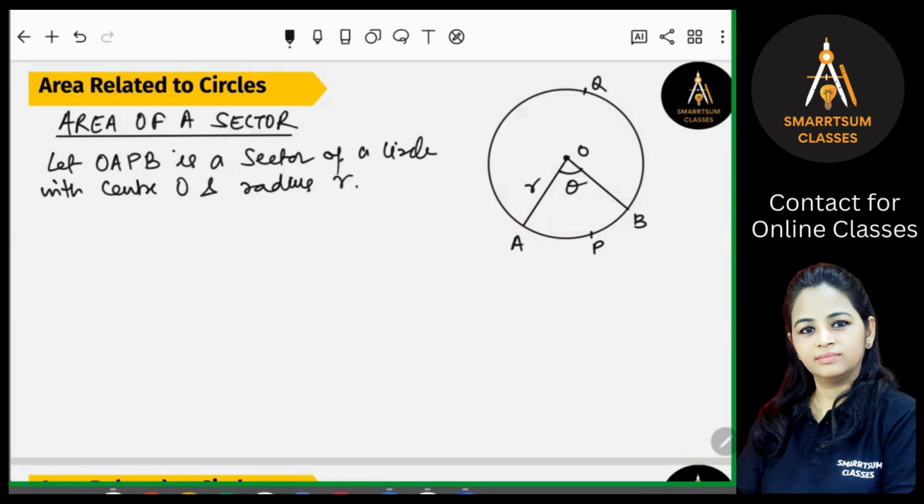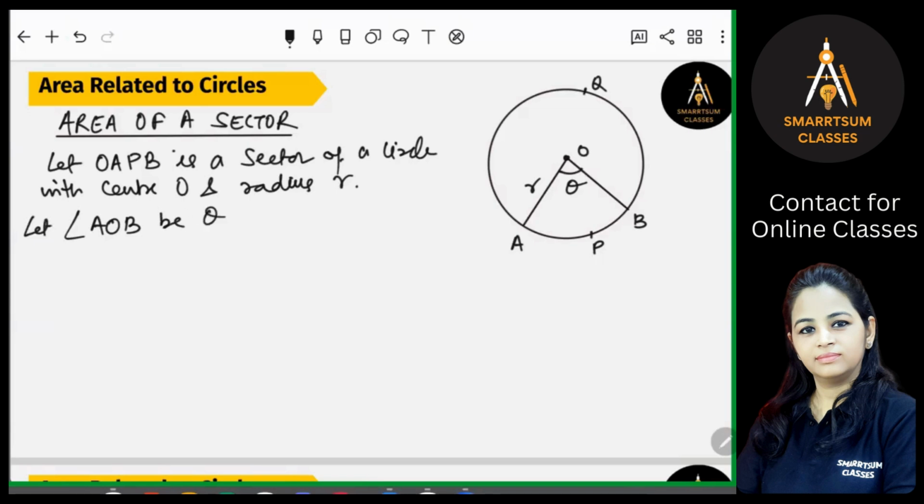Now let the degree measure of angle AOB, you can see here angle AOB, be, suppose, theta. This is theta.